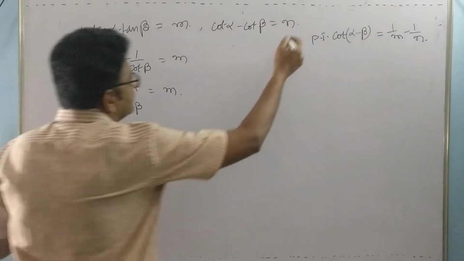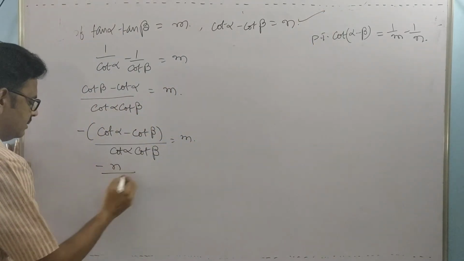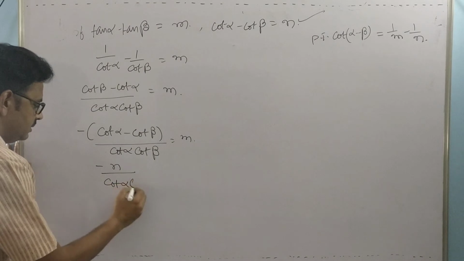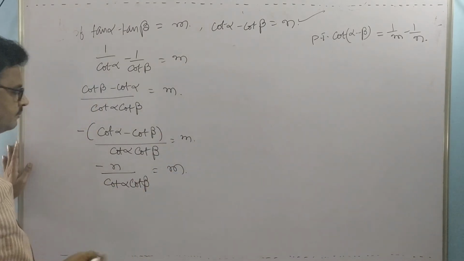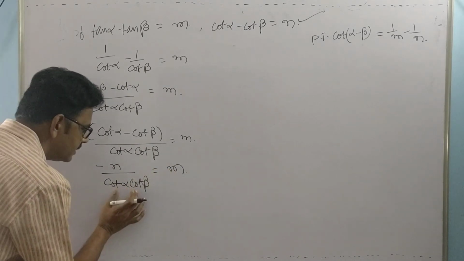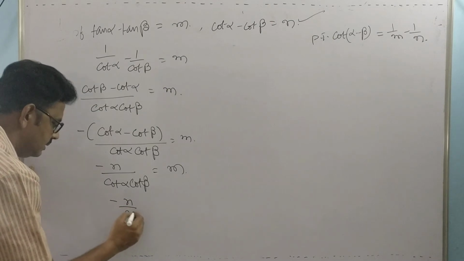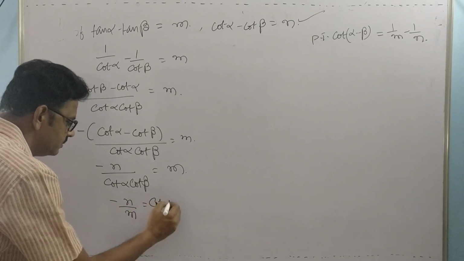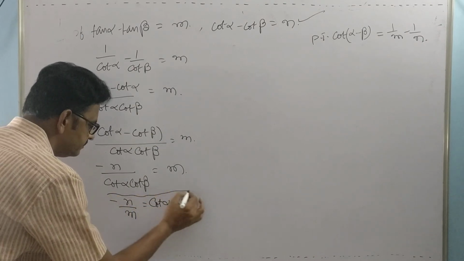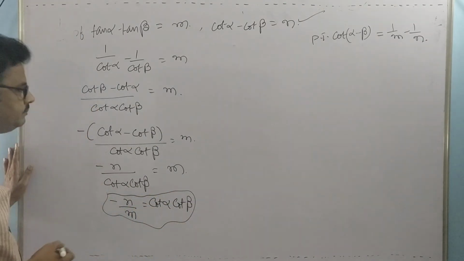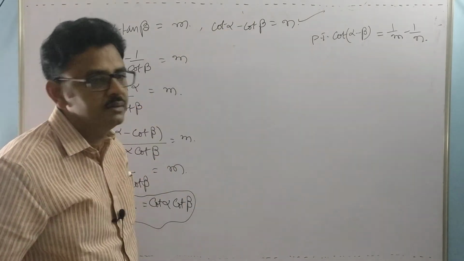But what is the value given? This is n. So this is −n/(cotα cotβ) = m. Take m this side and cotα cotβ that side. Then −n/m = cotα cotβ.